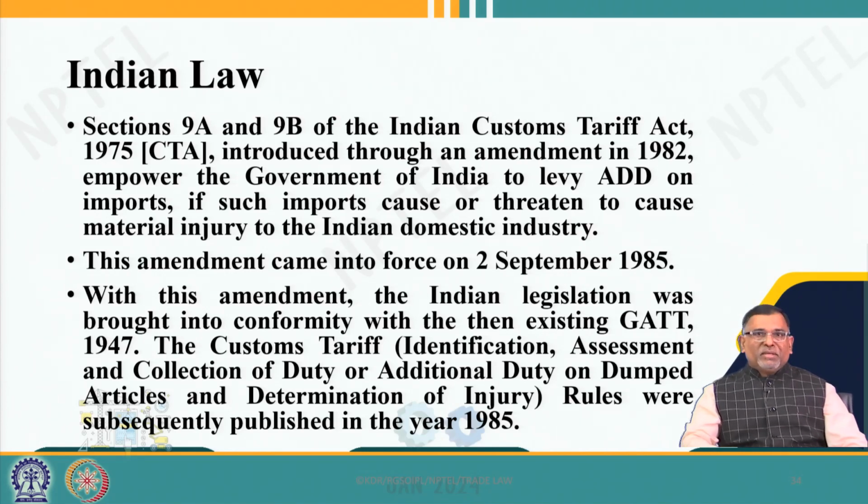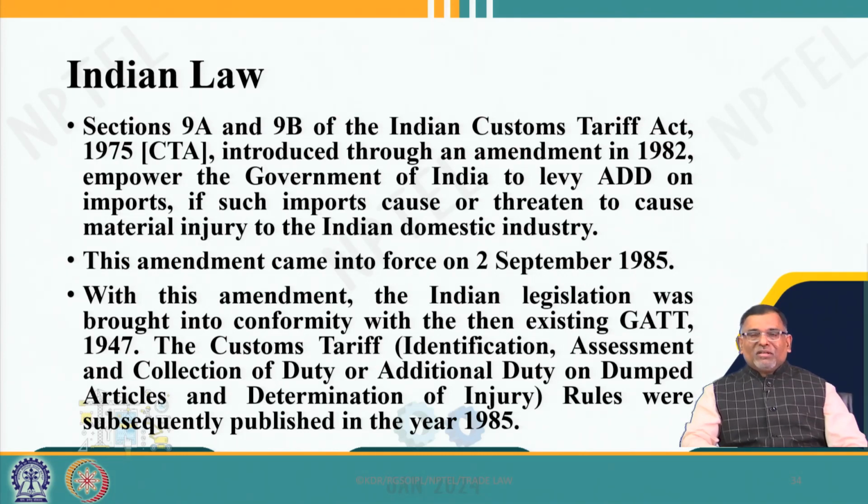Then again an amendment was made in 1985, and this 1985 amendment was in conformity with Article 6 of GATT. It is very interesting. We can see the provisions: the Customs Tariff identification, assessment and collection of duty or additional duty on dumped articles and determination of injury rules, which were notified in 1985.